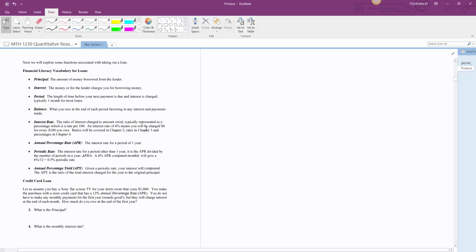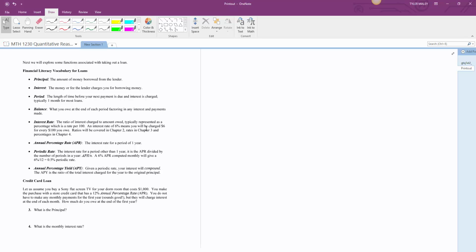So then on the next page, a lot of this page is going over some key financial literacy vocabulary for loans. You want to read over this and make sure you understand this terminology.